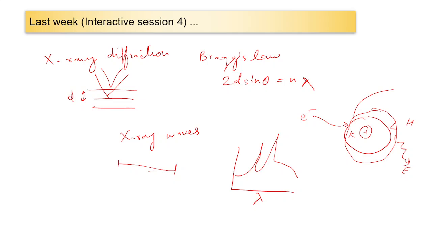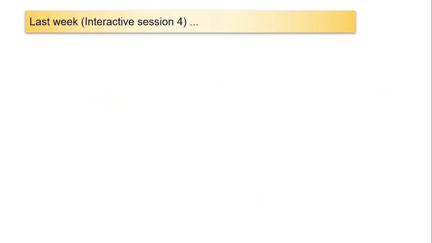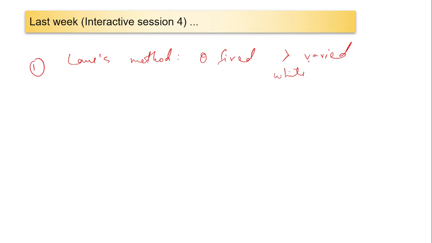So one was Laue's method, where theta is fixed and we don't have one particular wavelength but a range, and that's why we call it white X-ray, because it has various wavelengths.